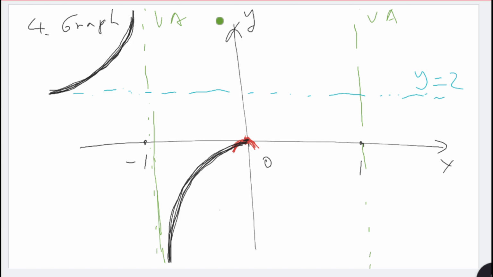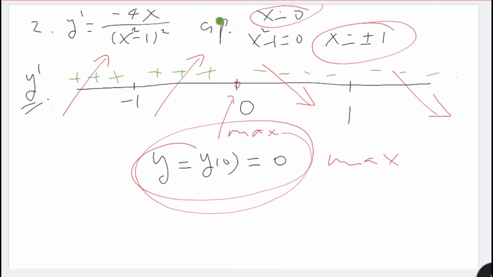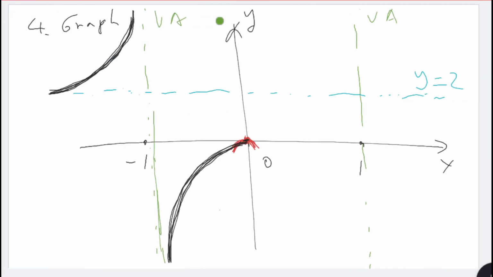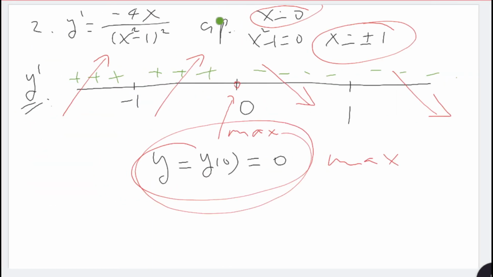Now between 0 and 1, let's see the increasing, decreasing first. Between 0 and 1, the graph is supposed to decrease. The graph is supposed to be bending down. Therefore, it must be like this. Approaching, by the way, the vertical asymptote too. Okay, and then finally, from 1 to infinity, let's see, it's going to decrease.